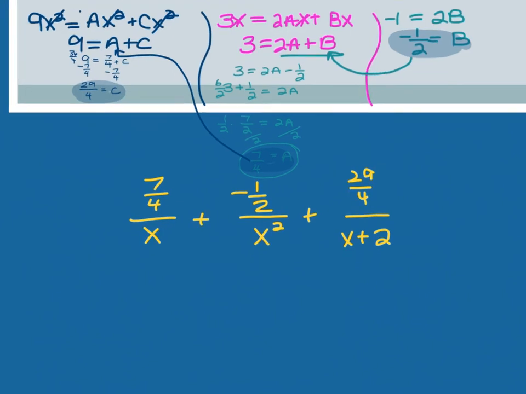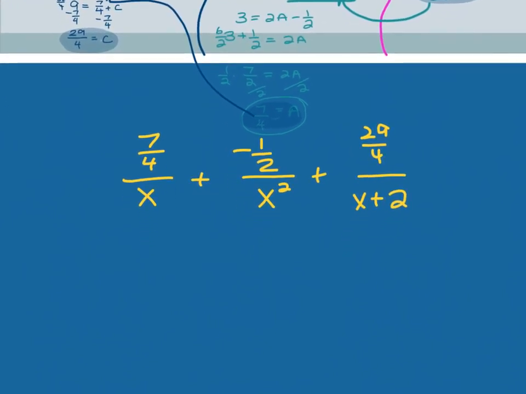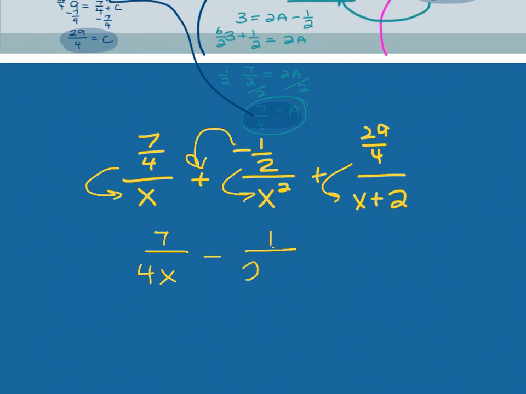Now you can't leave fractions within the fractions, so I'm going to first bring these down. And I'd get 7 over 4 times x. This negative is going to come out front, so minus 1 over 2 times x squared plus 29 over 4 times x plus 2.